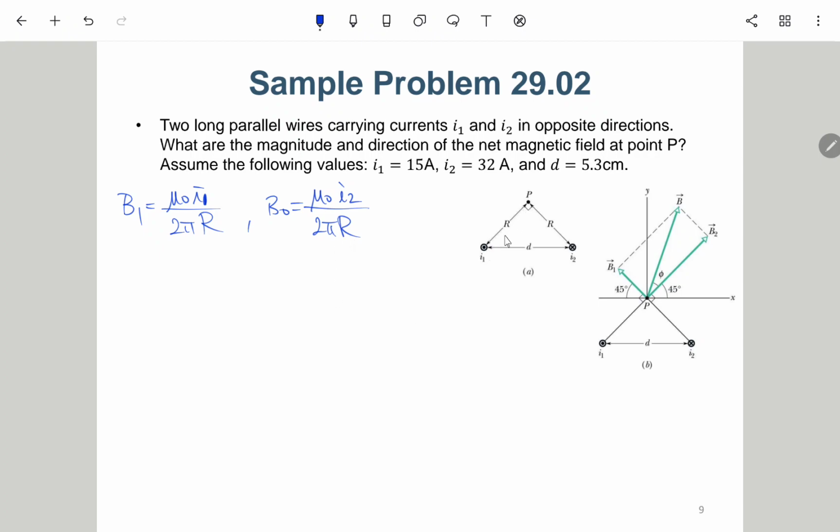And as this is a right angle triangle, using the Pythagorean theorem we know that R is actually D over square root of 2, which will be 5.3 over square root of 2, which is 3.75 centimeter. Okay, so in such a way, this one should be B2.